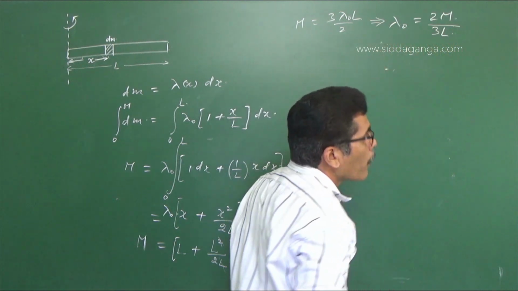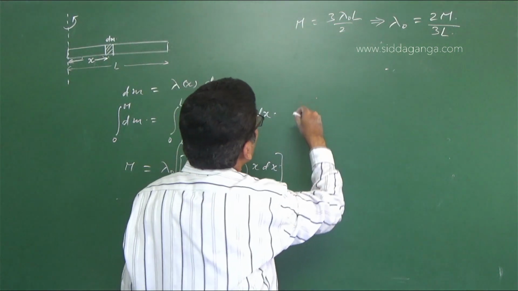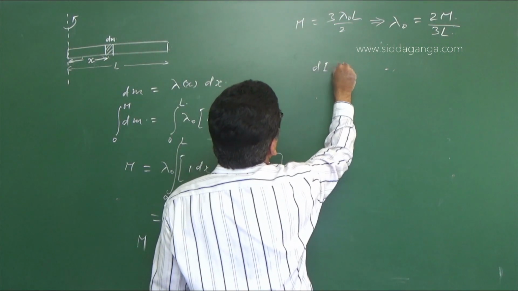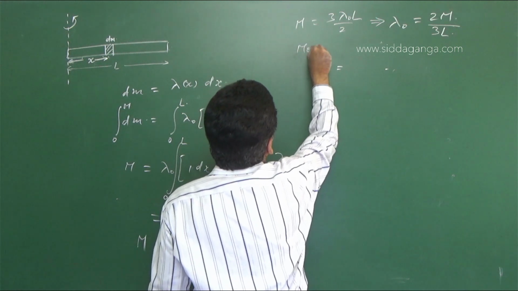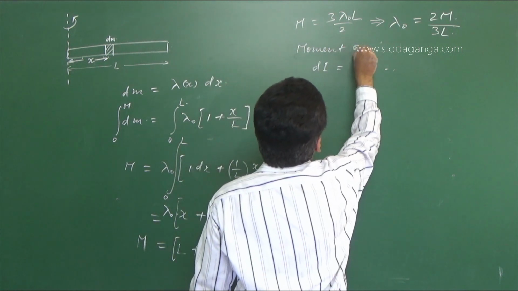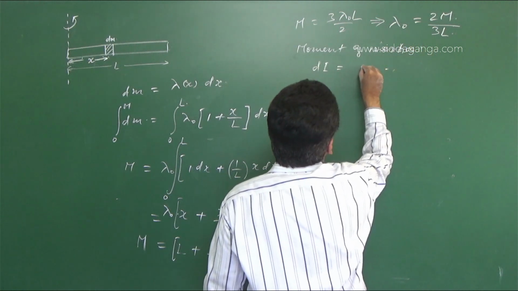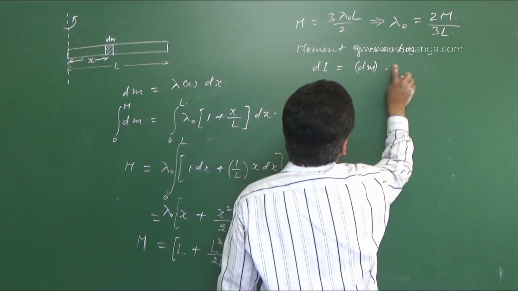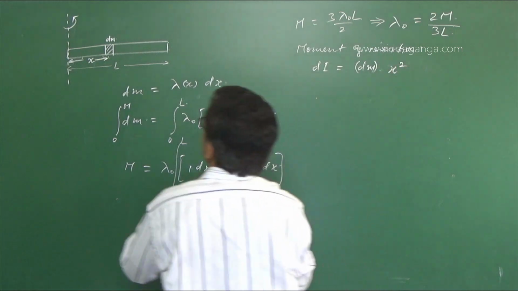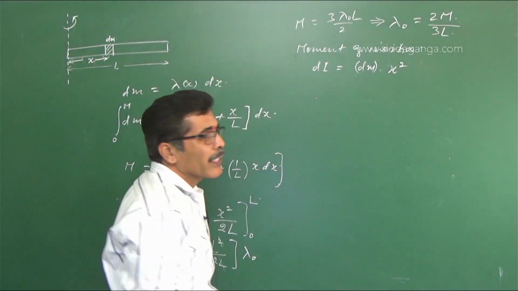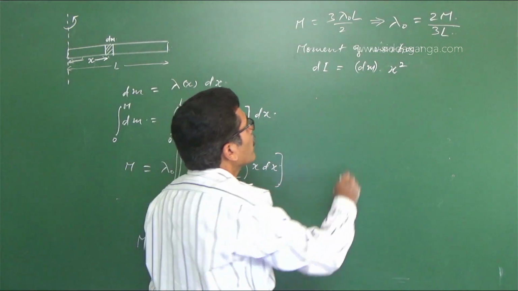Now let us take the moment of inertia of this rod. dI is equal to dm into x square, mass into perpendicular distance or radius of gyration, x square. What is this dm?